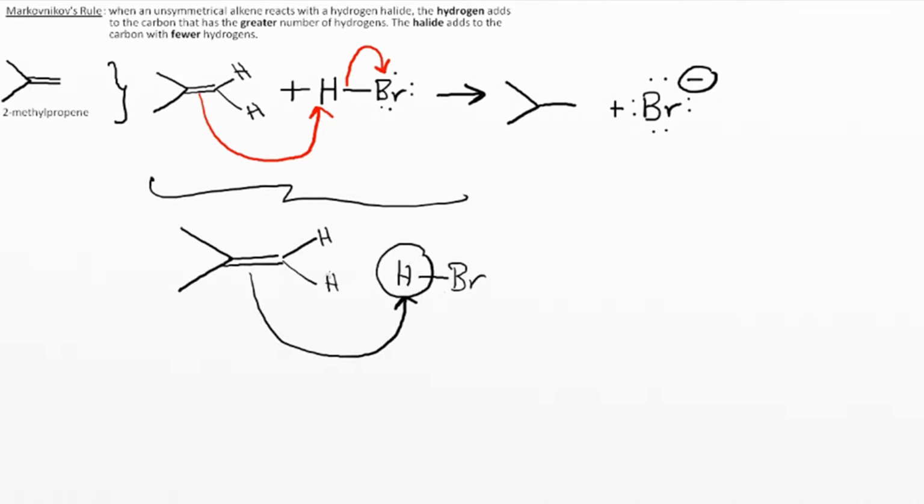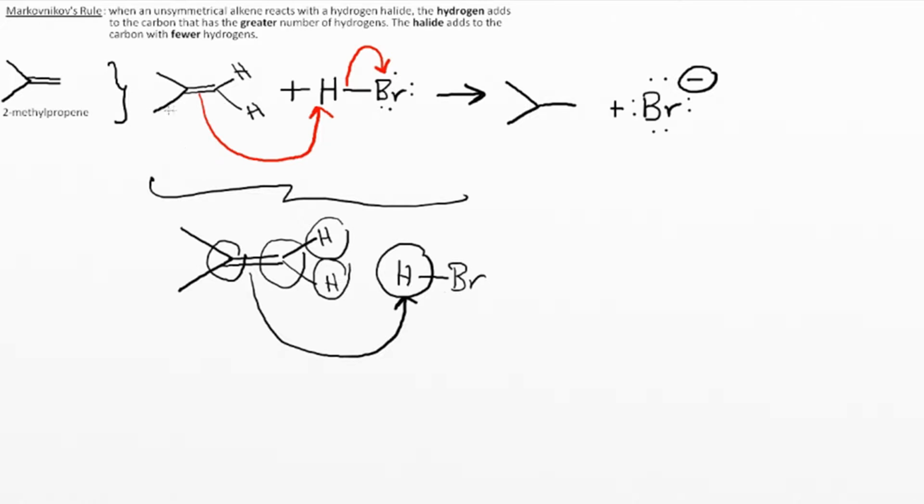Now the question is, where did this hydrogen go? Did the hydrogen go on this carbon, or did it go on this carbon? Now we know from Markovnikov's rule that the hydrogen adds to the carbon with the greater number of hydrogens. And if you look at this carbon, there are 2 hydrogens attached to it. On this carbon, there are no hydrogens.